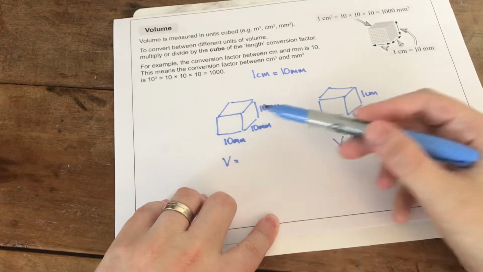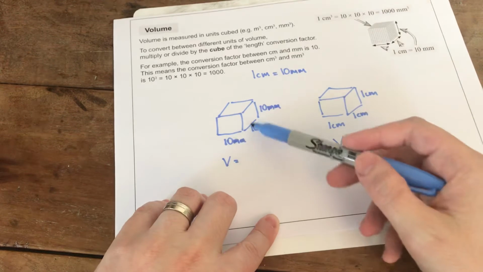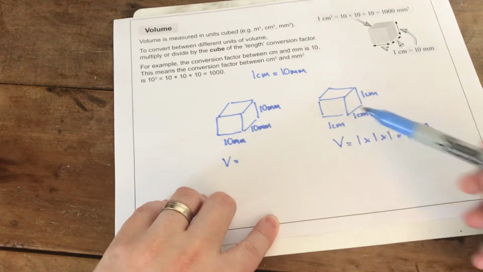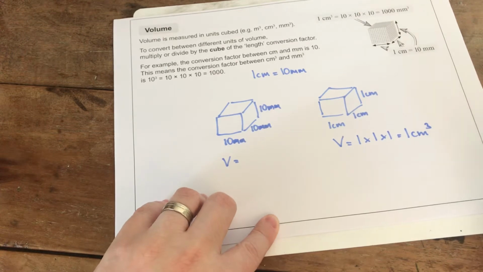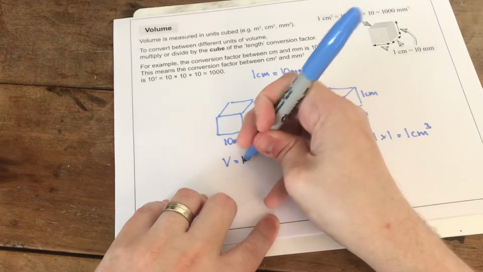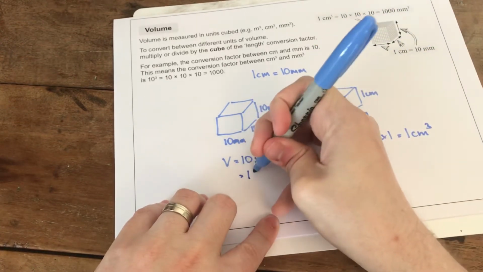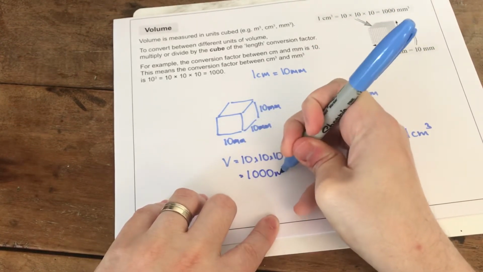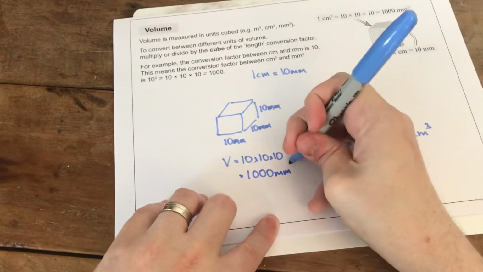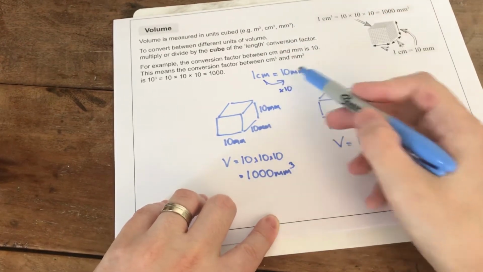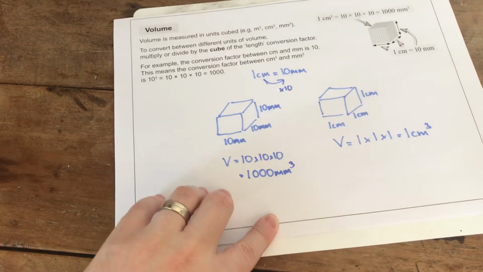For this cube, which I'd like to point out again, is the same size, same volume as the other cube, it's just the units are written in millimetres instead of centimetres. You do 10 times 10 times 10, and that's going to give you 1000 millimetres cubed.